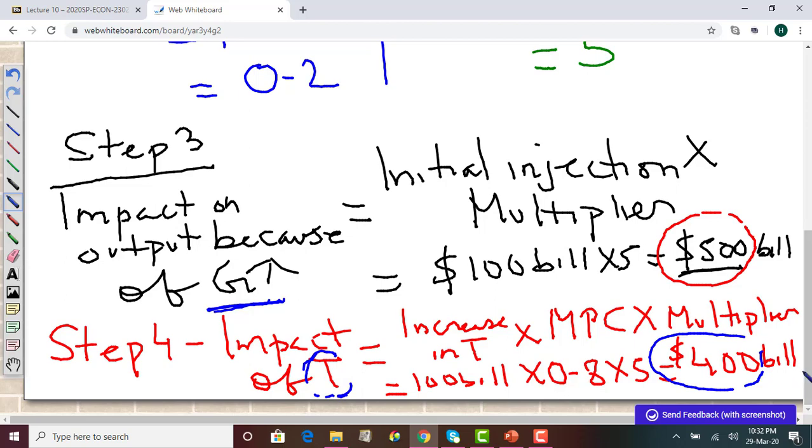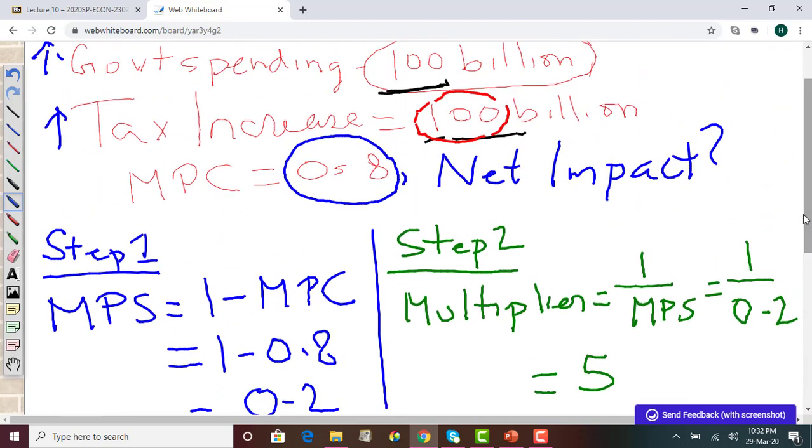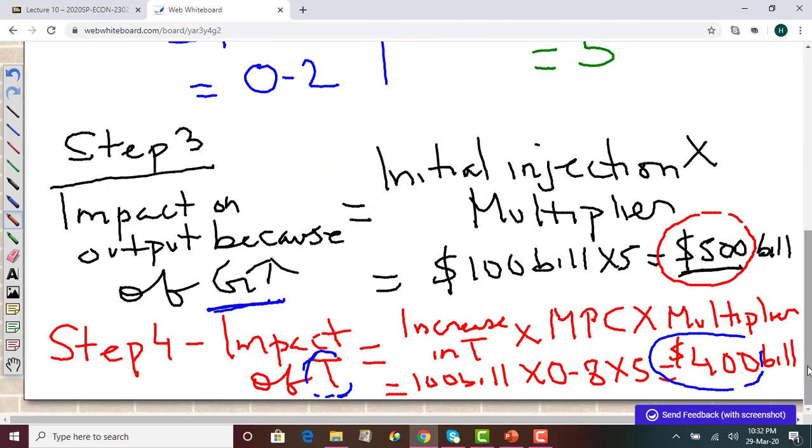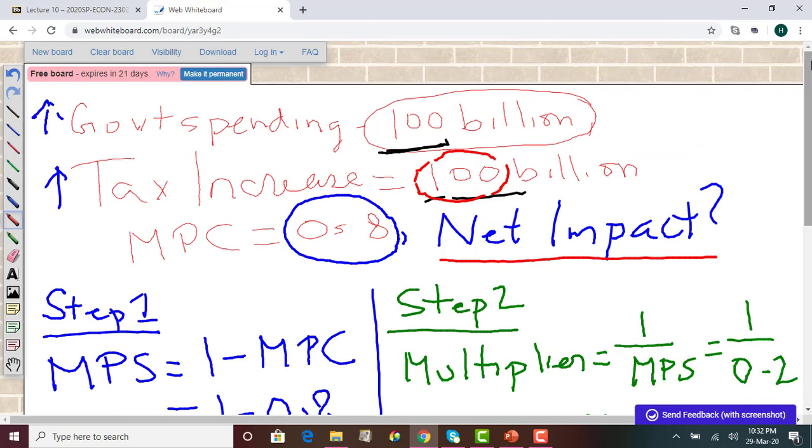Okay, so now our last step: what is your net impact? Net impact is 500 minus 400 billion, which equals 100 billion.